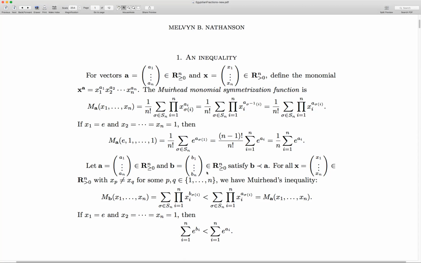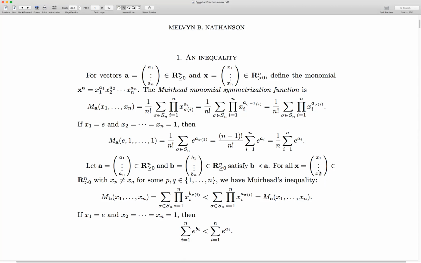And the equivalent geometric condition, which as far as I know was discovered by Rado, is that it's exactly the same as saying, if you take the polytope generated by all the n factorial permutations of these coordinates, the vector b is in that convex polytope. So either algebraically or geometrically, you have this notion of the vector a majorizing b.